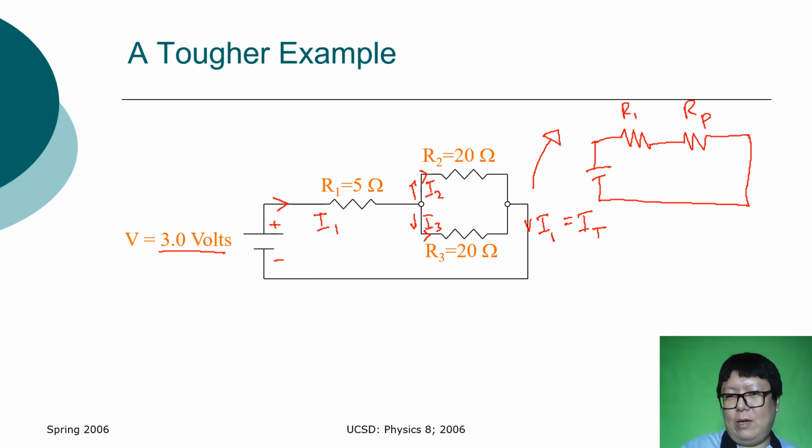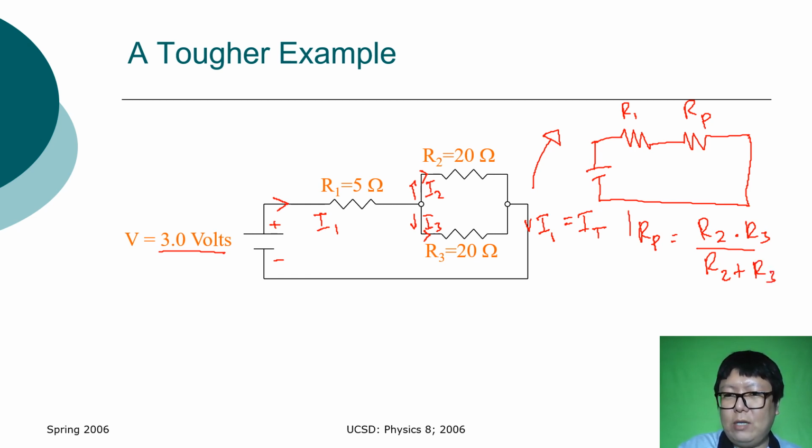You can use the formula 1 per R parallel, or there is another formula, RP equals R2 times R3 per R2 plus R3.